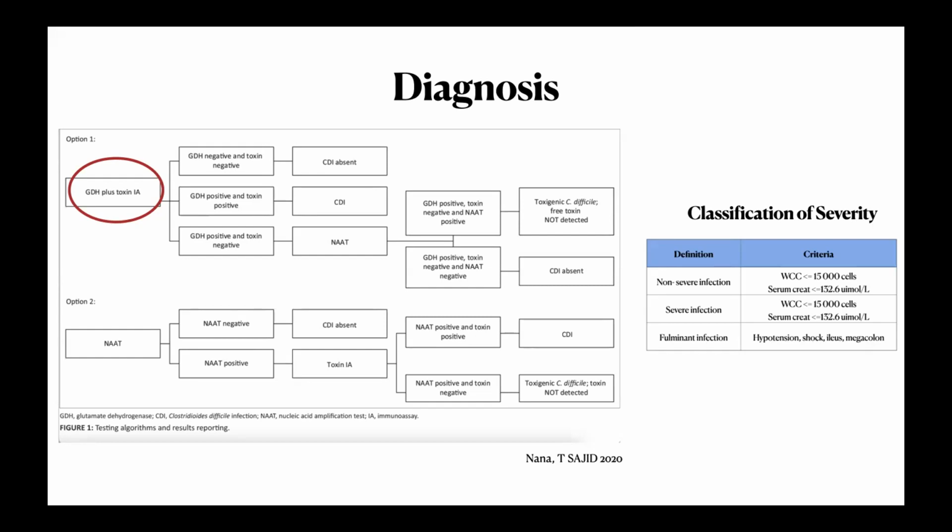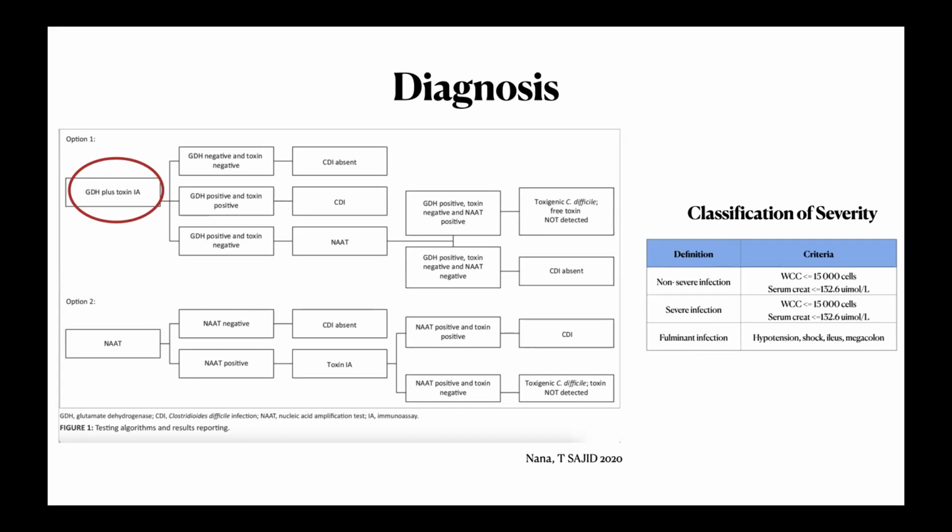And if the toxin is positive, then we have confirmed C. diff infection. If our toxin is not positive, then we can go into a second step, a second test. So we do a GDH and then do a nucleic acid amplification test or a PCR-based test. And if that is positive, we have what we call a toxigenic C. diff infection without toxin, or where toxin is not detected. Of course, if it's negative, then we have no C. diff infection.